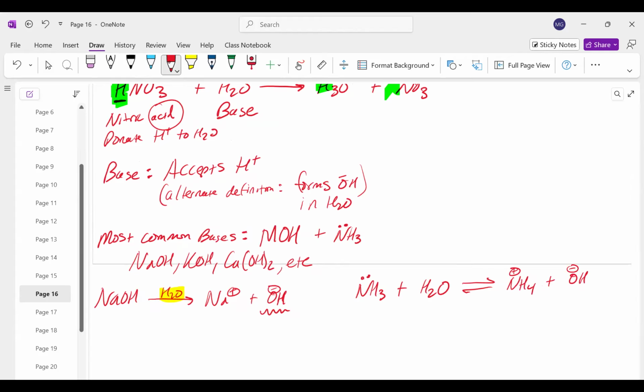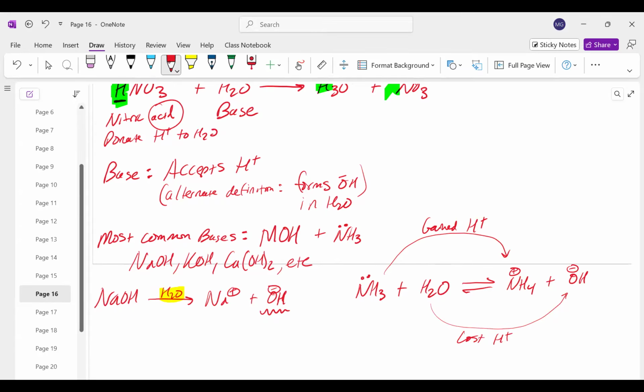So notice what's happening here is that water is giving up a proton to become hydroxide. Ammonia gained a proton to become the ammonium ion.